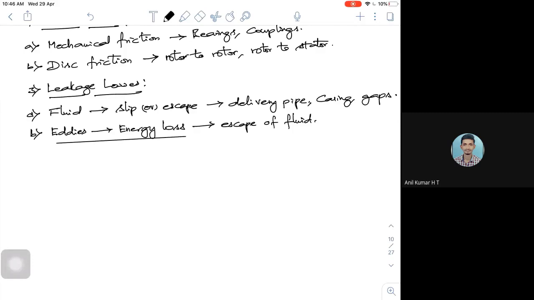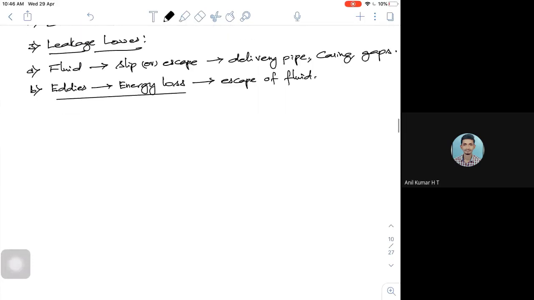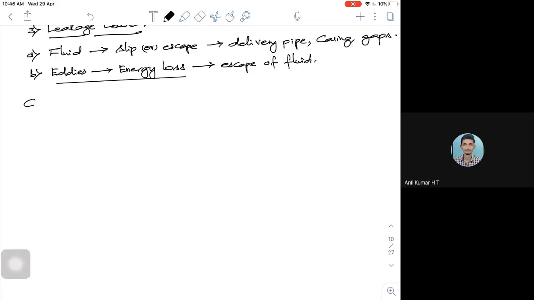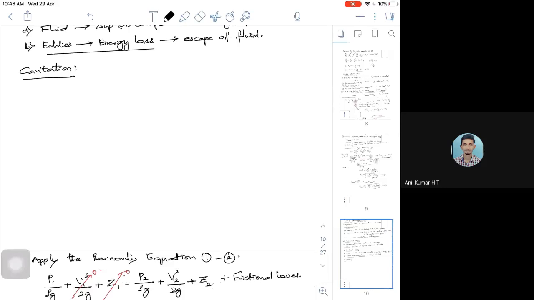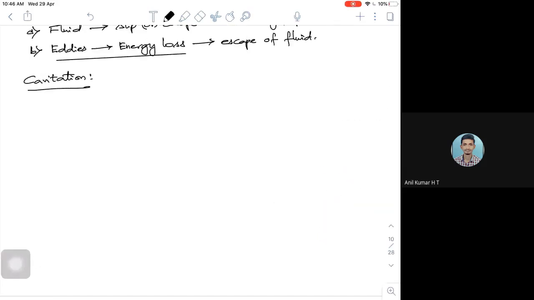One is the cavitation. What is cavitation? As I have already said, the lowest possible pressure is seen at the eye of the impeller.